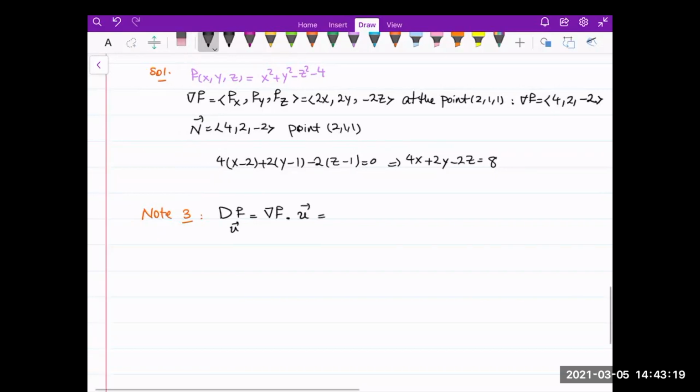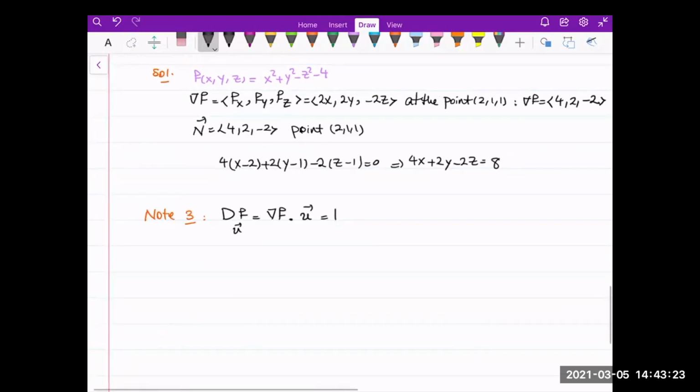When we have a dot product, if you remember the formula for the dot product in chapter 12, it would be the length of gradient, the length of u, and cosine theta. What is theta? It's the angle between gradient of f and u.